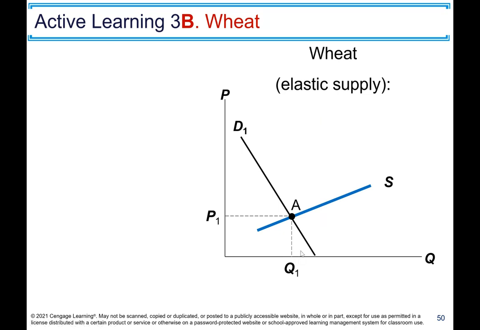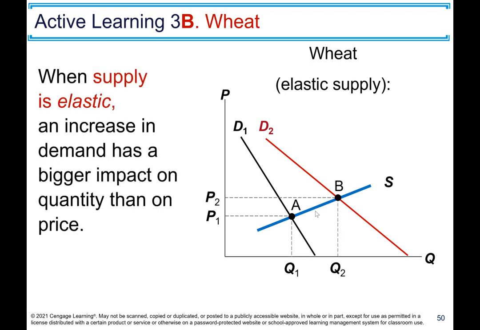What about wheat? Wheat has a fairly flat supply curve or elastic supply curve. When supply is elastic, like a flat supply curve, an increase in demand or a right shift of the demand curve has a bigger impact on quantity than on price.